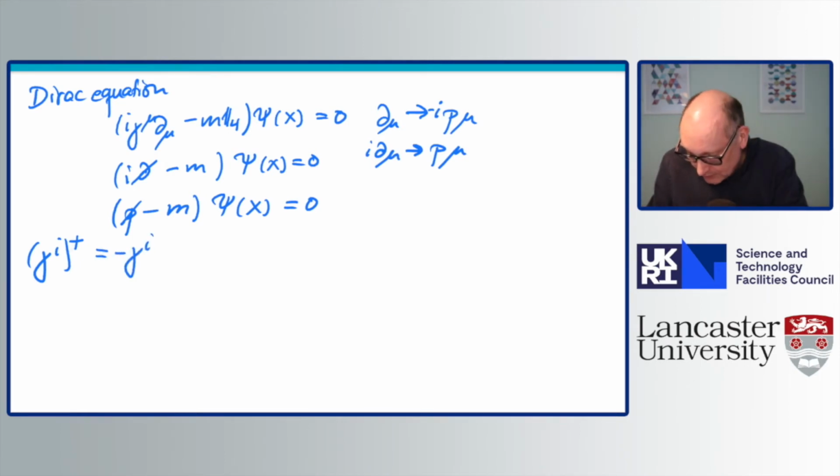Hermitian conjugate means transposed and complex conjugated. When you do that on the gamma 1, 2, 3, it's equivalent to changing sign. For gamma 0, it's invariant under Hermitian conjugation.